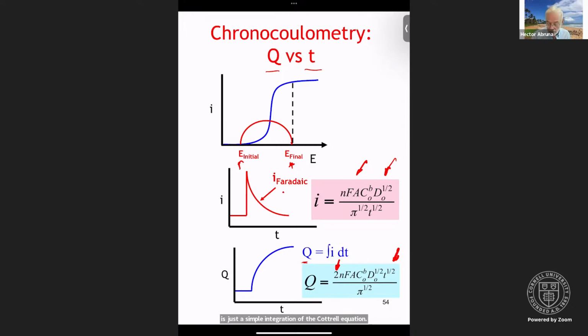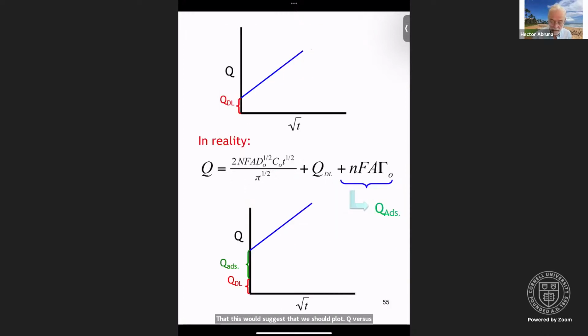If we look at a profile like this, then this would suggest that we should plot Q versus square root of time. If we do that, we get something like shown in here.